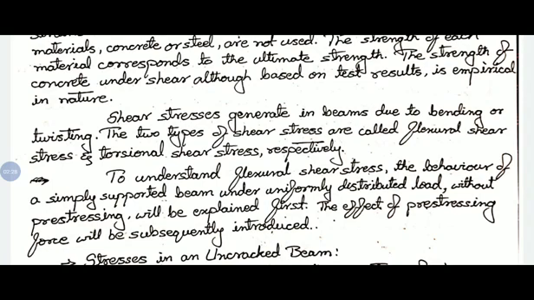So to understand what flexural shear stresses are, first we need to consider how a simply supported beam with UDL will behave, and later the concept of pre-stressing will be added with the flexural shear stress developed in the simply supported beam with UDL.